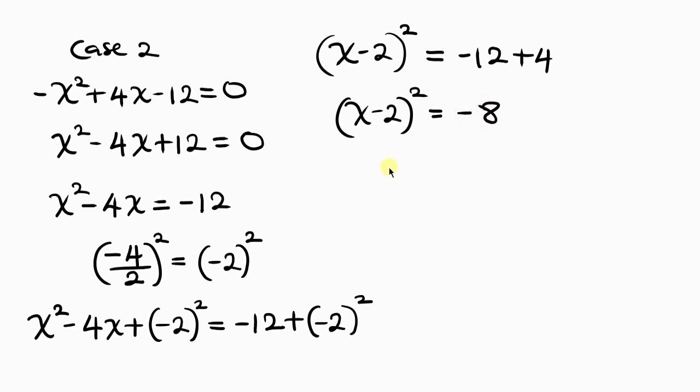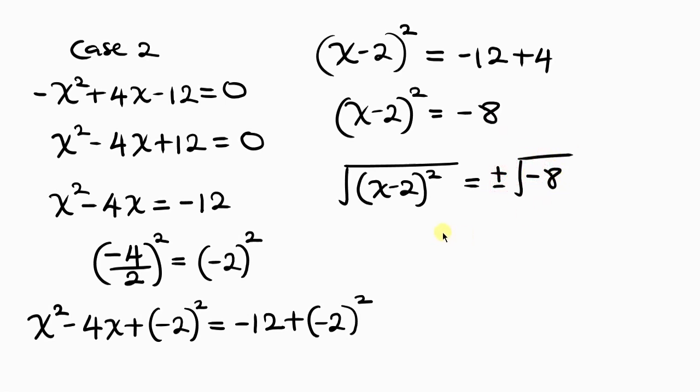Now, our next step will be for us to take the square root of both sides in order to remove the square. So I'll take the square root of the left-hand side, which is x minus 2 all squared. This is equal to, and I'll put plus or minus here, the square root of the right-hand side, which is negative 8. Very good.